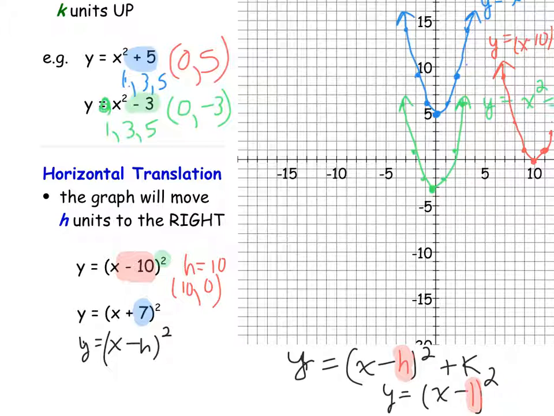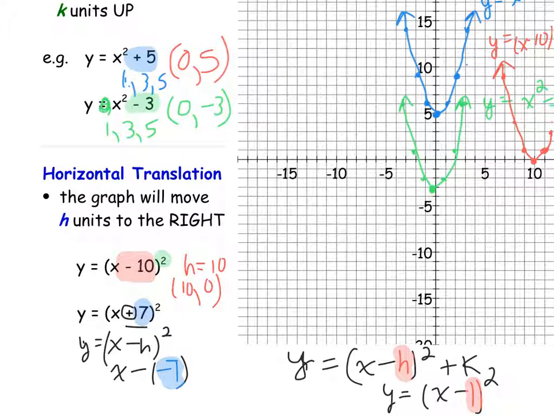So if it's a positive 7 that I have in there, that's like having x minus negative 7, which gives me that positive 7. So the negative 7 actually means that I am going to be moving my graph 7 units to the left.